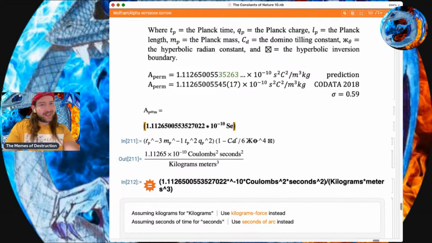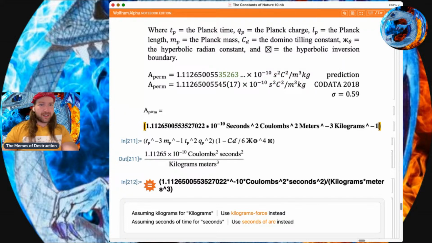We have seconds, just for the units and everything, because I'm just following what it says right there. All right, seconds squared, coulombs squared, and then we got meters to the -3 because it's the denominator, and kilograms raised to the -1 because it's the denominator.